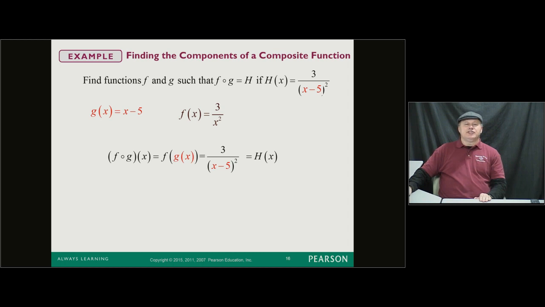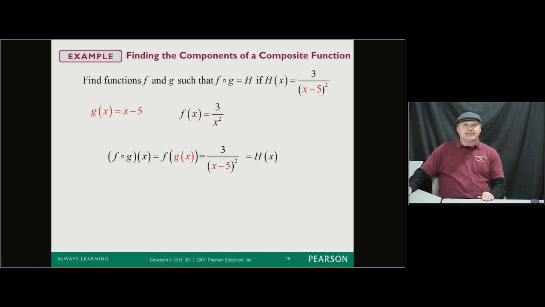So f composed g of x is f of g of x. So you take the red function, g of x, and place it into the f of x, which is 3 over x squared, and look at that. A lot of times people ask, how do you know which one's which? Usually whatever's in parentheses, you let that be the first function, in this case g of x, and then replace what you made g of x with an x.